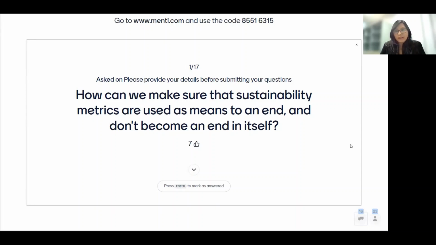It is important to see that metrics don't solve problems. People solve problems. So that's why the metrics are used as a means.